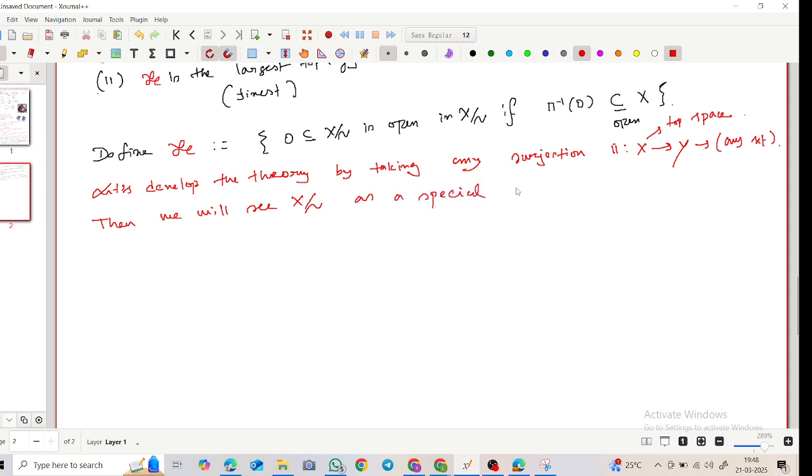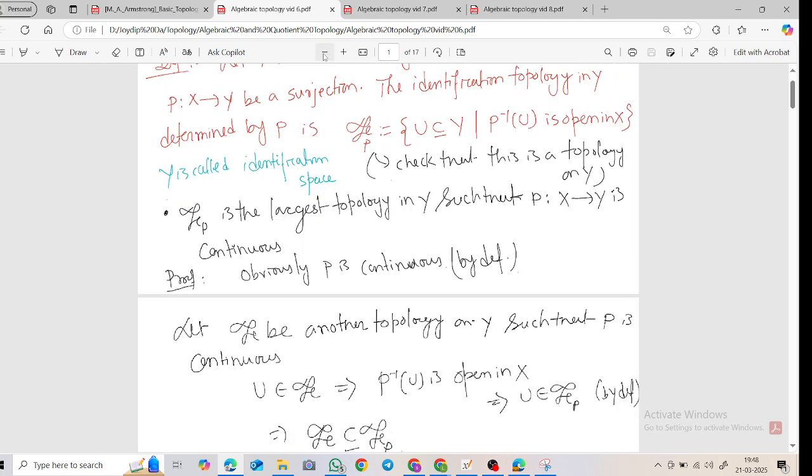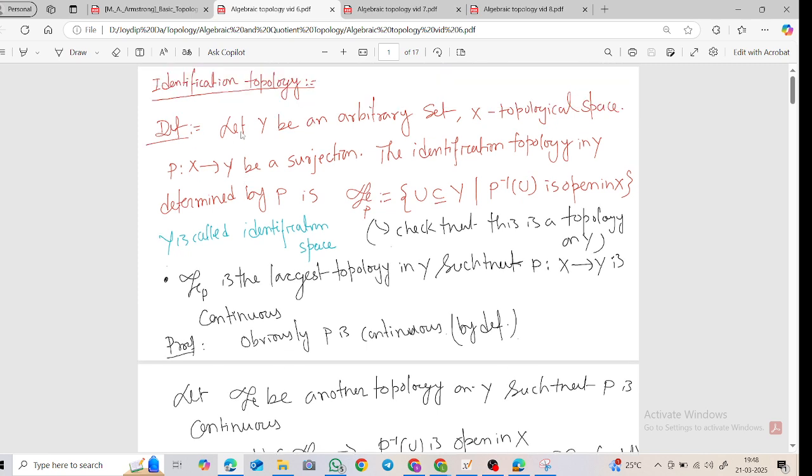It will be more elaborated. So you see, it is defined just the same way, right? Identification topology. Let Y be an arbitrary set, X a topological space, and P from X to Y a surjection. The identification topology on Y determined by P is script F_P.